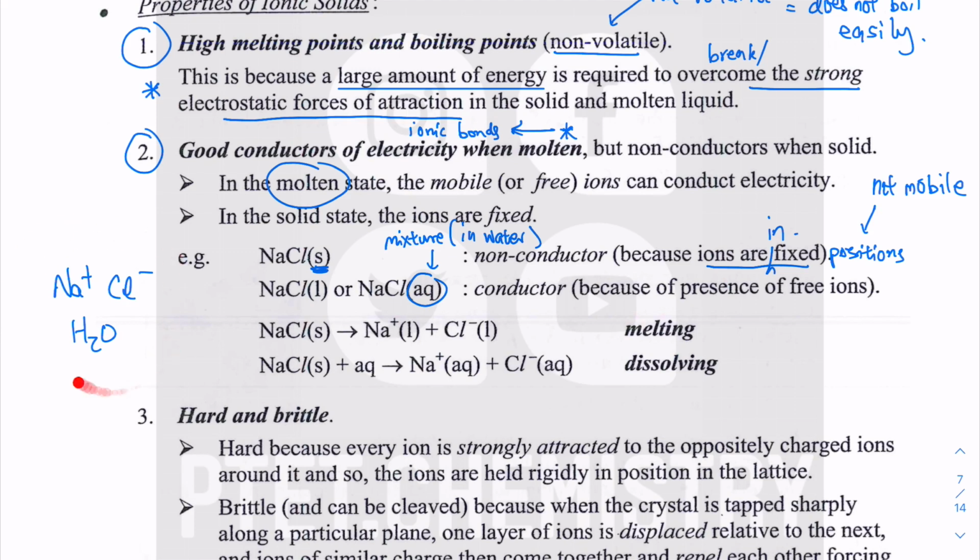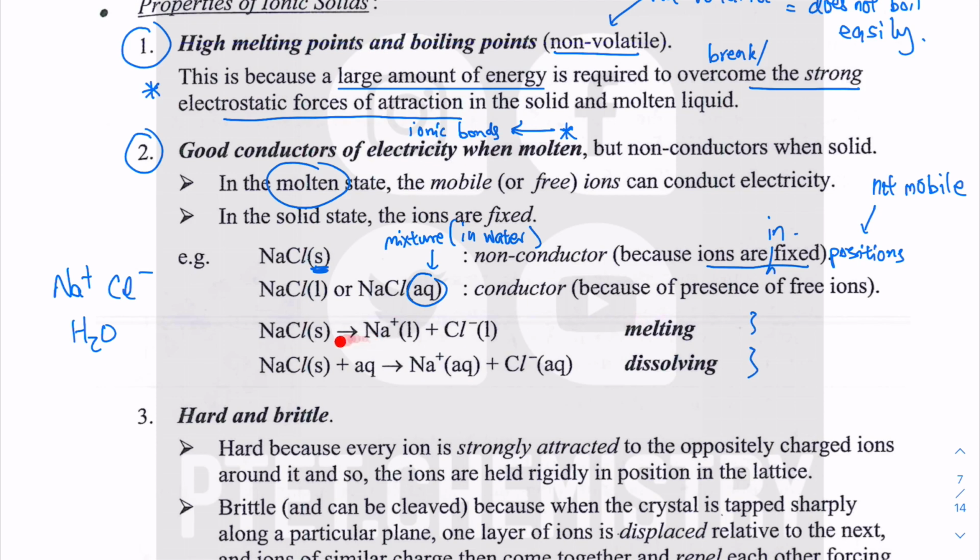They are together as a mixture, and the ions are free to move around in the presence of water. That's why salt can dissolve in water, because you don't see the salt anymore. The ions dissolve in it to give you aqueous solution, and the ions are free to move around. And when you have the ions free to move around, unlike in the solid state, then they can conduct electricity.